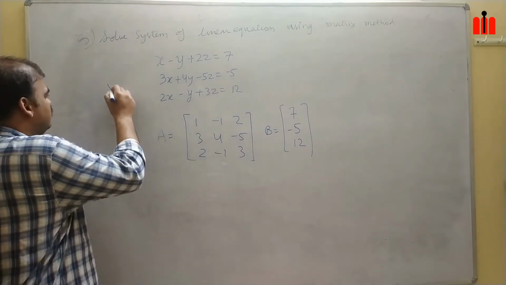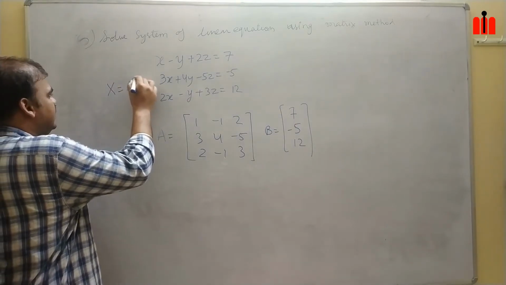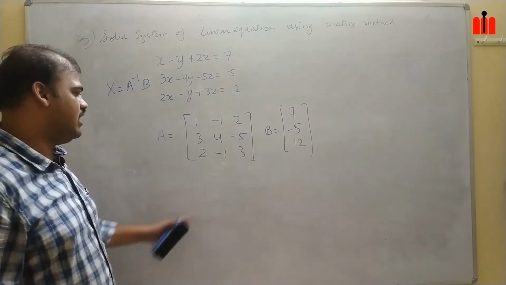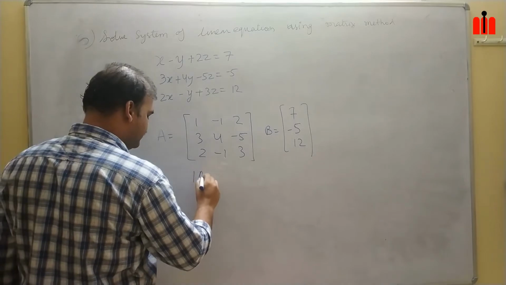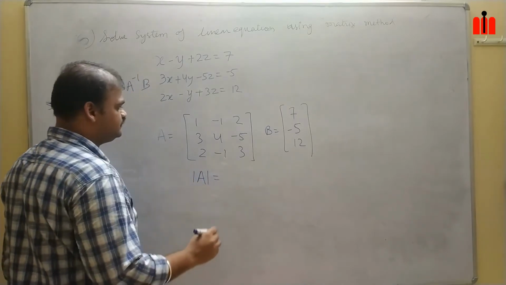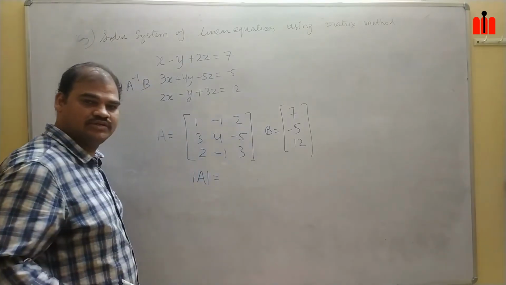We know that X equals A inverse of B, so we have to find A inverse. Let's first find the determinant of A. I will expand through the first row.